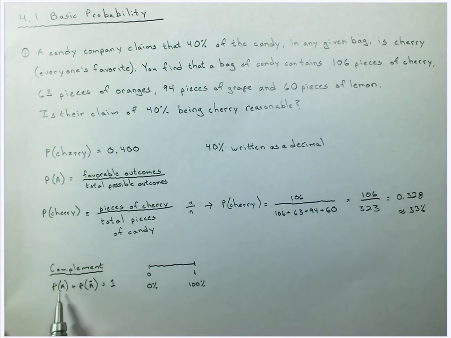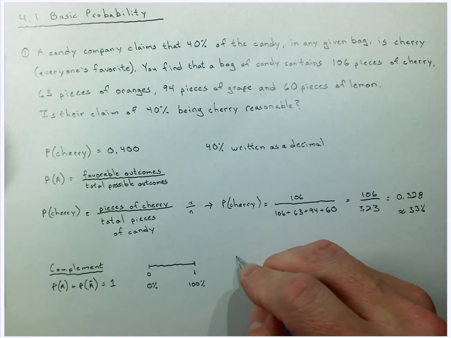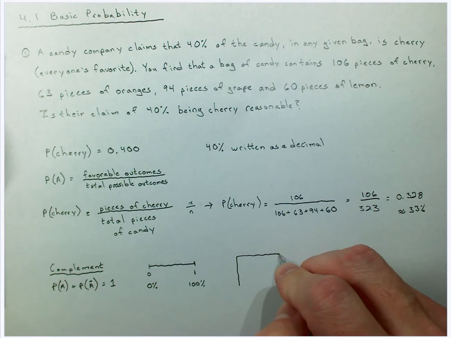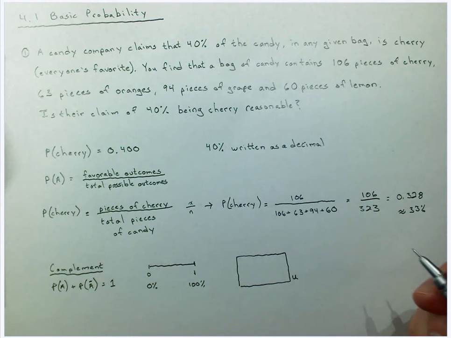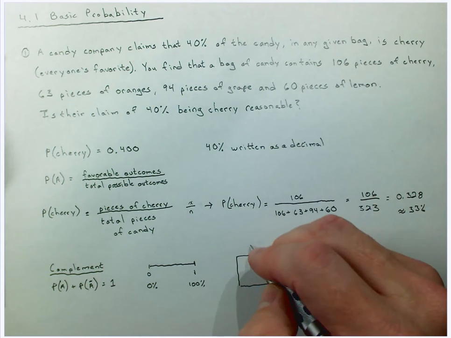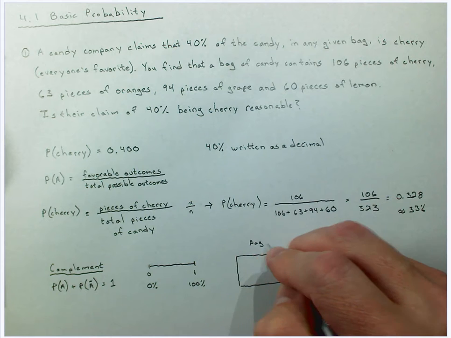So what I'm saying is that if I have two things, something as simple as left hand, right hand, it's left hand and not left hand, or right hand and not right hand. They get a little bit more complicated, and that's why I wanted to show you this. I'll just use a Venn diagram to illustrate. This is my universal set. Inside my universal set is the bag of candy.